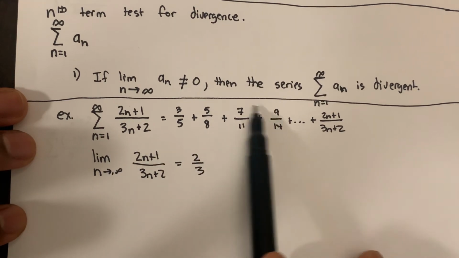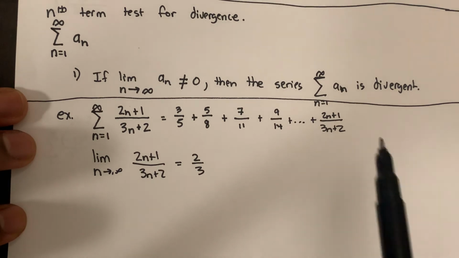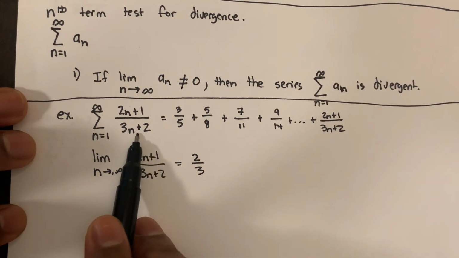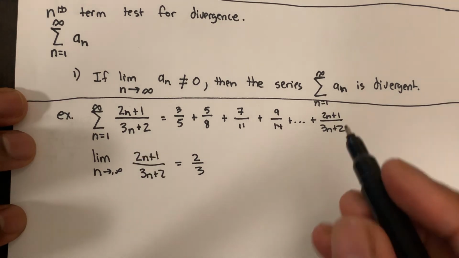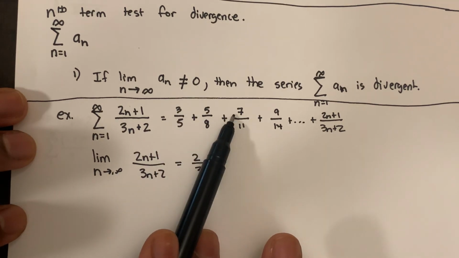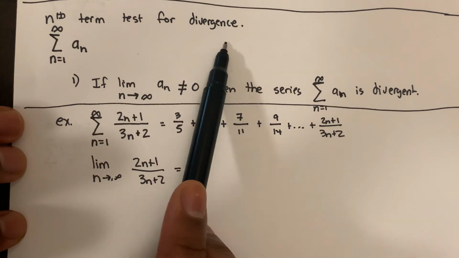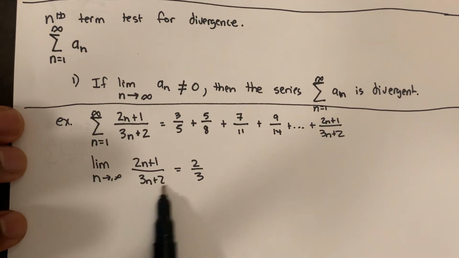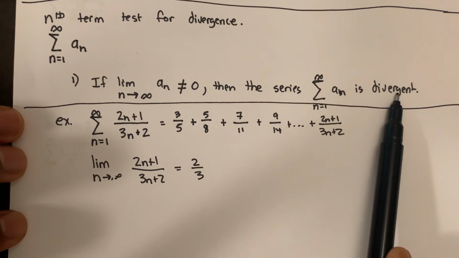So at some point for this series, you're just adding 2/3 over and over again. This series never stops growing. It increases by about 2/3 every time. And because this limit is not 0, this series is divergent. That's what we mean by the nth term test for divergence. If the limit of the sequence is not 0, then the series is divergent.